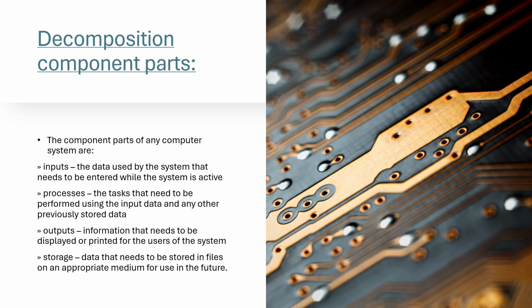The next component is the process, that is the task that needs to be performed using the input data and any other previously stored data. Then the outputs, which include the information that needs to be displayed or printed for the users of the system. And last but not least, once the output is there, then if need be, the data can be stored in the form of files or in a proper medium for use in the future.